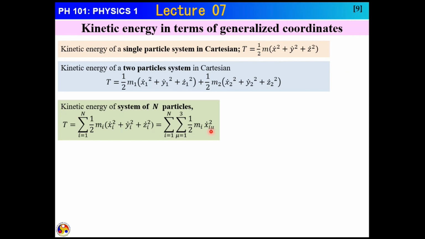Here x_i dot 1 for x_i, 2 for y_i, and 3 for z_i.